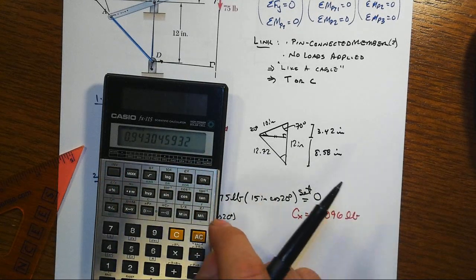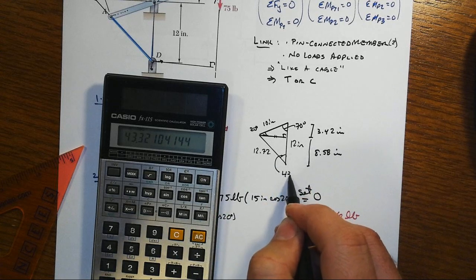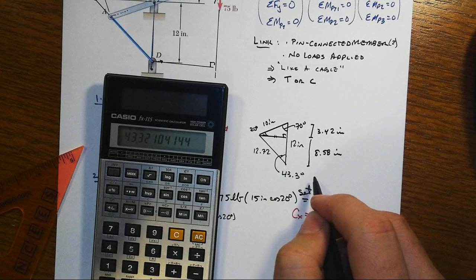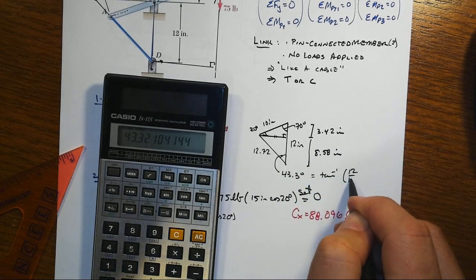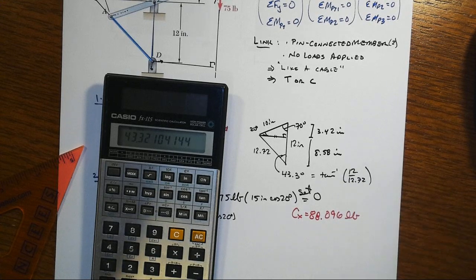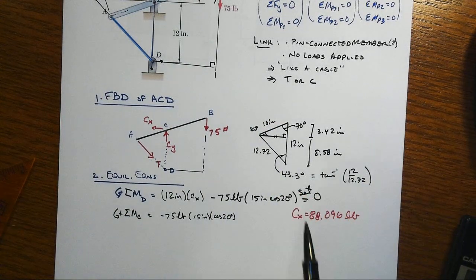So inverse tangent would give me 43.3 degrees. Right, that's inverse tangent of 12 over 12.72. Okay, all of that. Alright, so now that's with respect to the vertical.